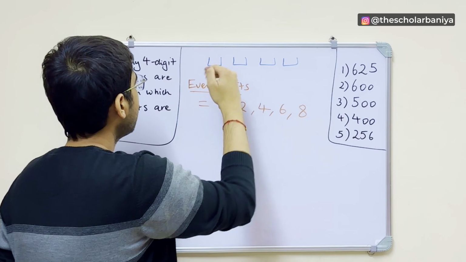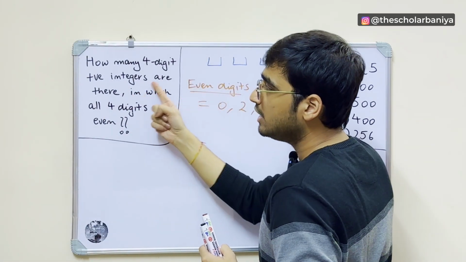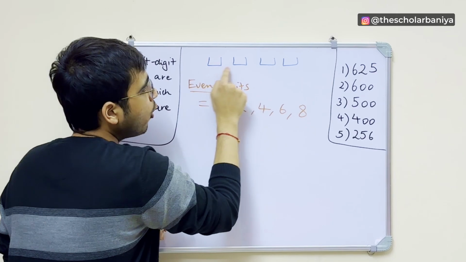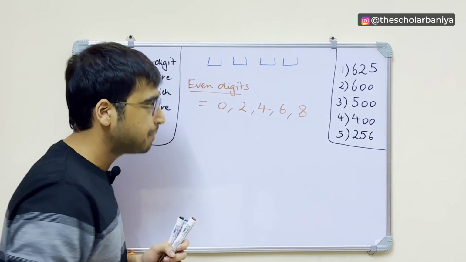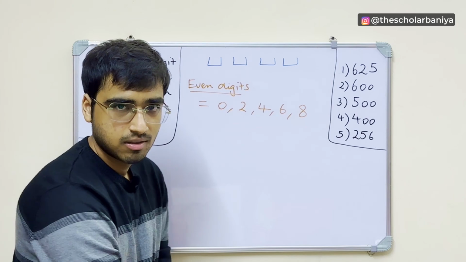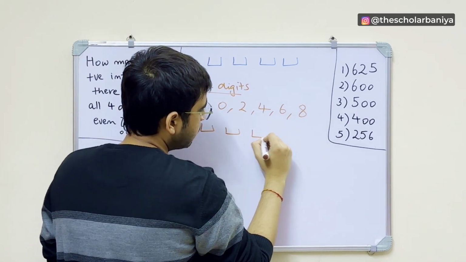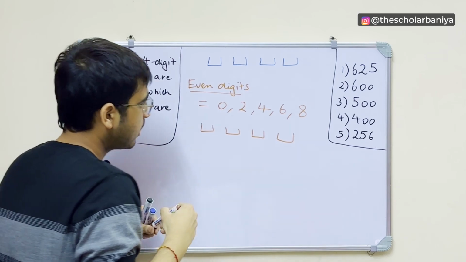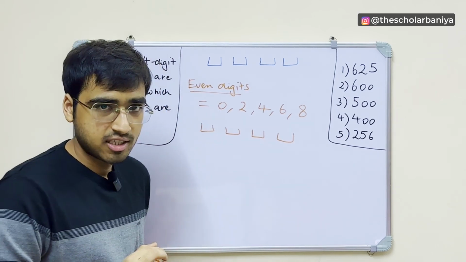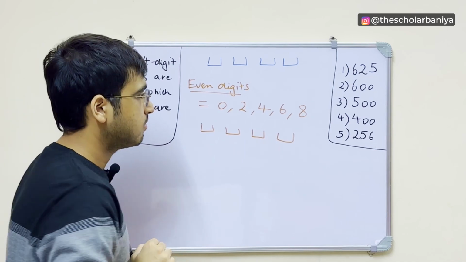And we have to tell how many 4-digit positive integers are there in which all these digits are even. So tell me one thing. If I talk about the first place, if I draw it over here, 1, 2, 3, 4, how many possible options do I have?